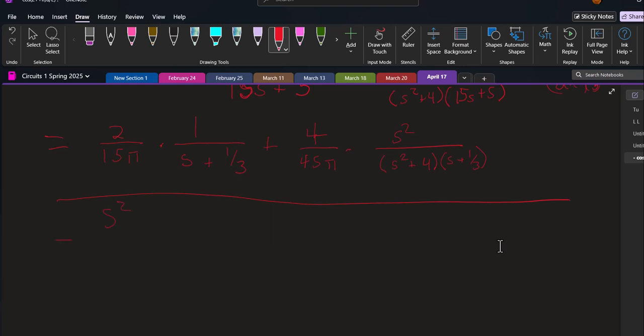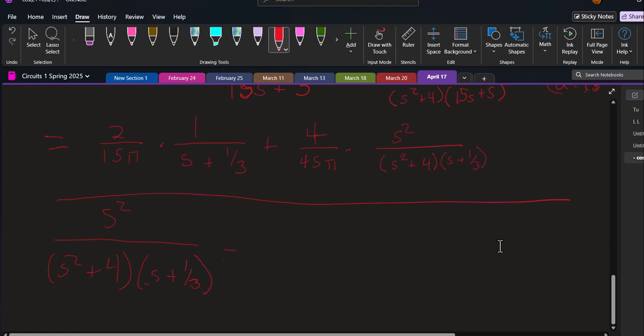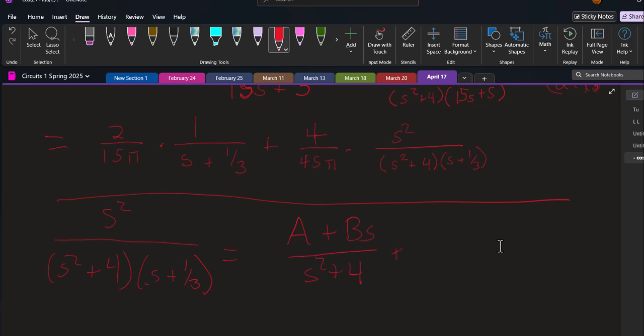So I'm going to say s squared over s squared plus 4 times s plus 1/3 will equal a plus bs over s squared plus 4 plus c over s plus 1/3. Now where these came from is for any factor that is linear, you just have a number on top.